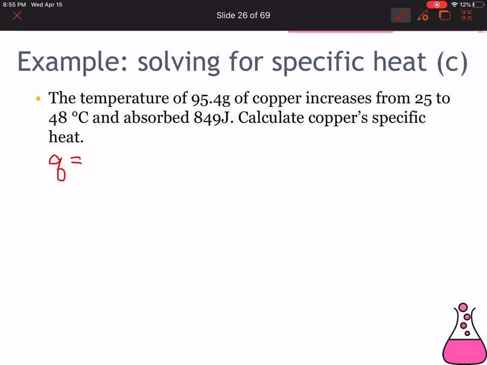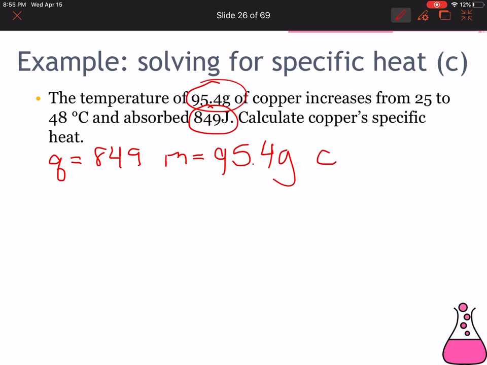My Q is my heat, and remember Q is measured in joules, so I'm looking in the problem for something that says joules. And this right here says joules, so my Q is 849 joules. My mass, measured in grams, I'm looking for something that says grams, it's right here, so it's 95.4 grams. My C is my specific heat, and I look and it says calculate copper specific heat.